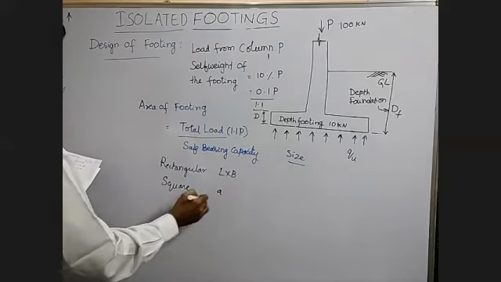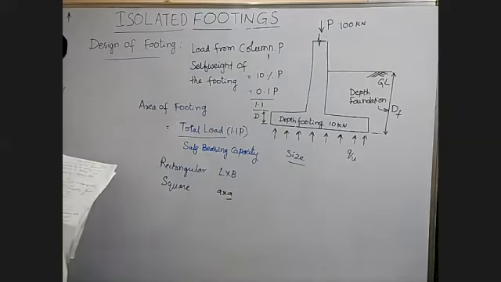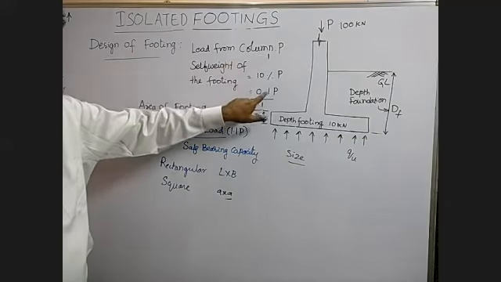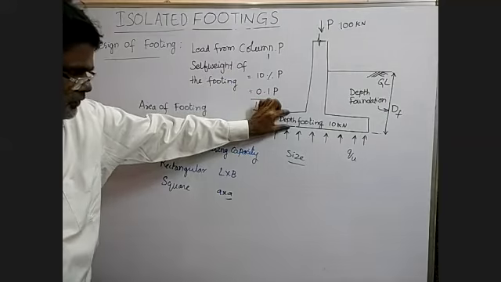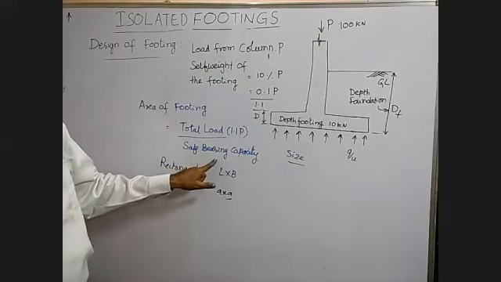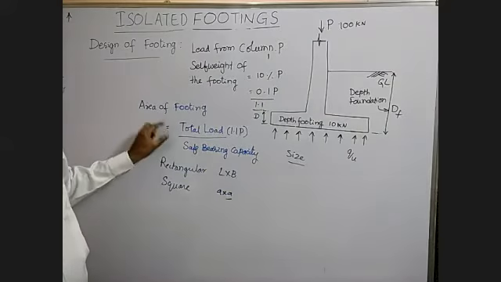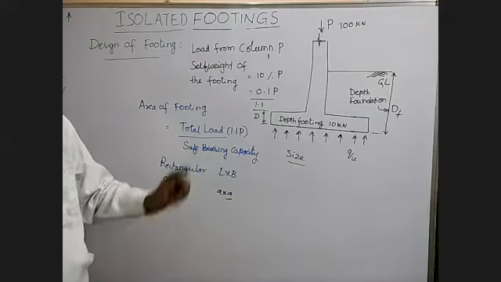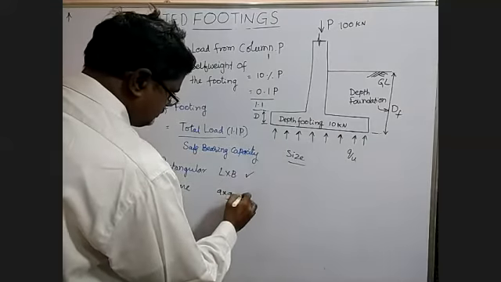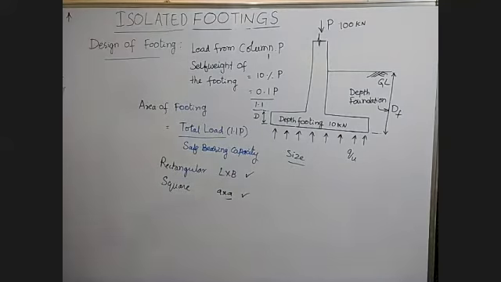Let us say A. Now you have a load P, add 10% for the self weight of this footing, so 1.1 P divided by the soil bearing capacity, then you will get the area. Take the square root for a square footing, otherwise take L into B for a rectangular footing. So in your syllabus you have only these two, square and rectangular footings.